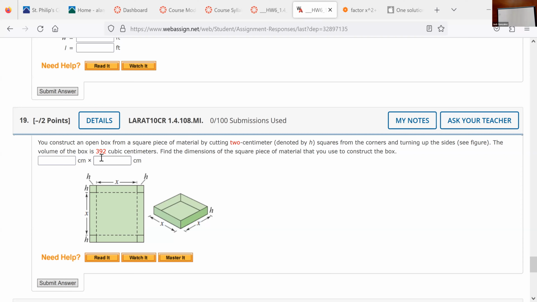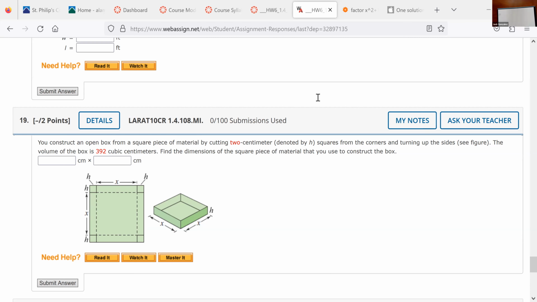So they mentioned volume. Volume is length times width times height, right? So the height is going to be length times width times that.